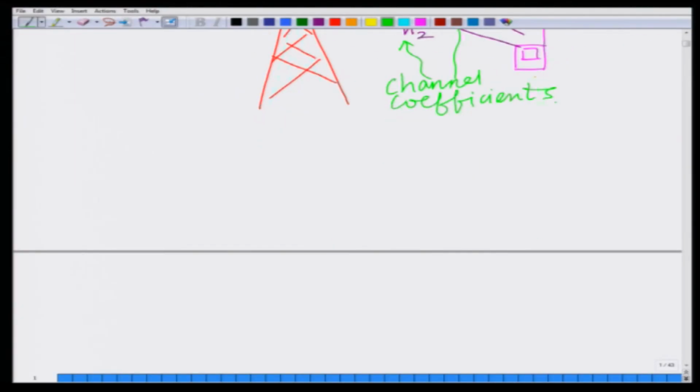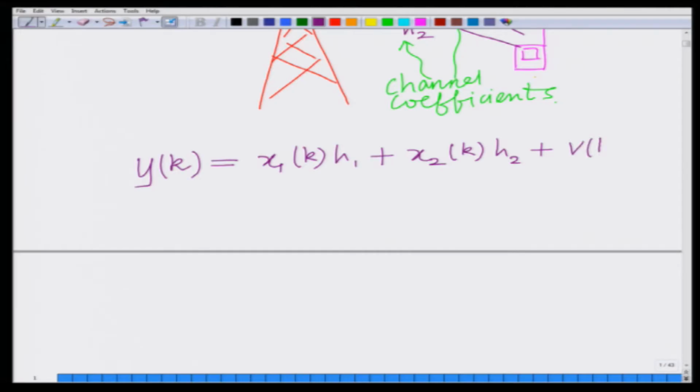And the system model for this, that is something that we have already seen, but let us give it here again so that you can recall it. I have the received symbol or the observed symbol yk equals x1k times h1 plus x2k times h2 plus vk. What is this? This is the observed symbol.